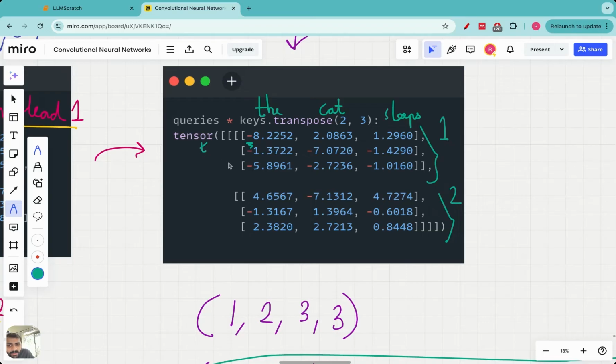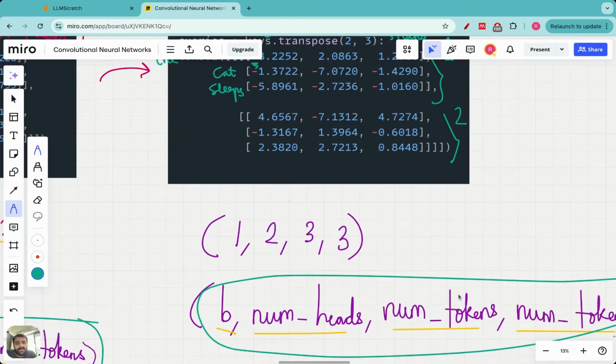So the first row is the, the second row is cat, and the third row is sleeps.